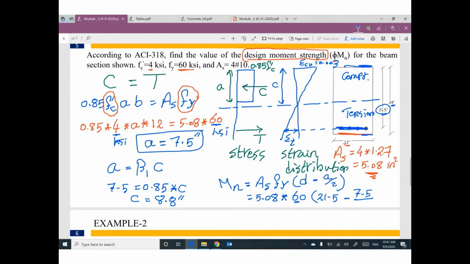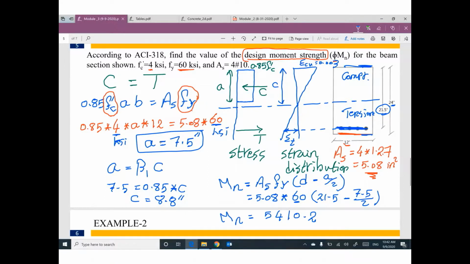I can figure out my value: 5.08 times 60 times 21.5 minus 7.5 divided by 2. This value equals 5,410.2. What is the unit? Units are very important. What is the unit for this moment?